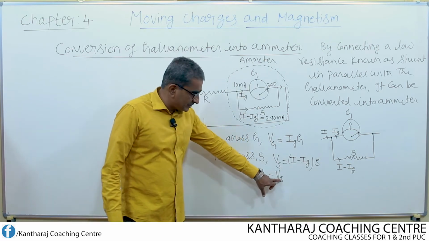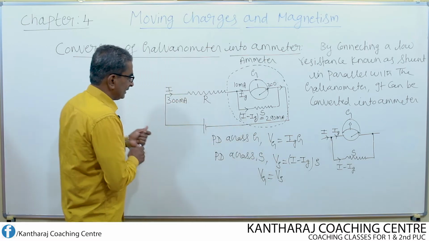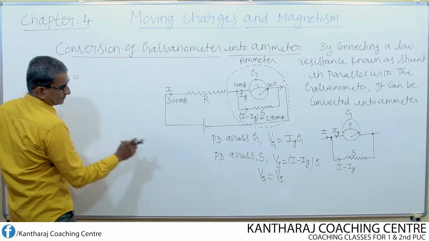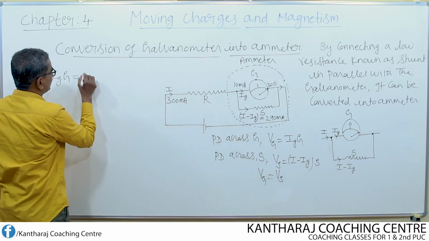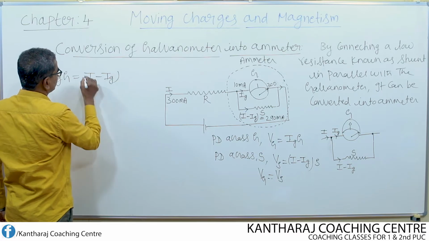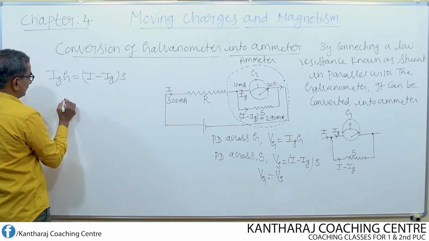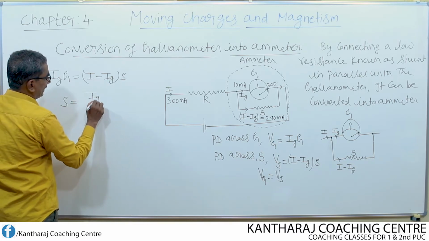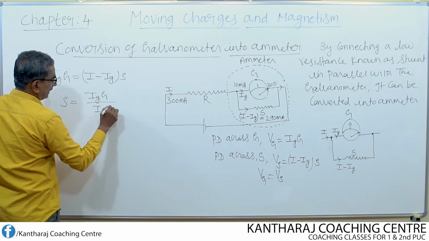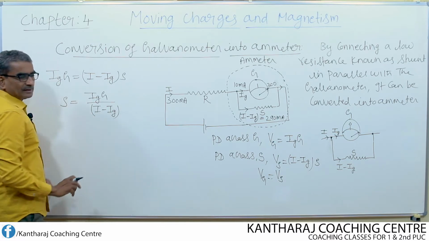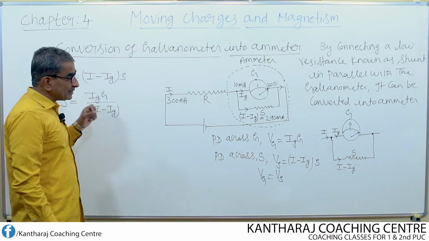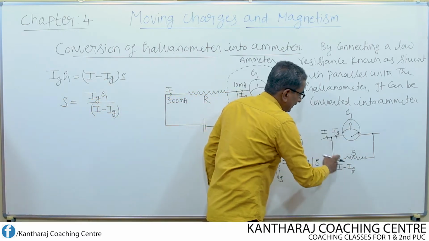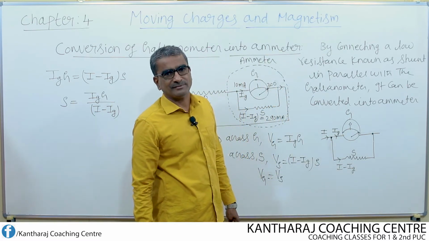Now let us substitute for Vg and Vs. Vg is Ig into G equal to Vs, which is I minus Ig into S. Okay. Now find out the shunt resistance. S equal to Ig into G divided by I minus Ig. So this is the value of shunt which is to be connected across this galvanometer to convert this entire thing into ammeter.